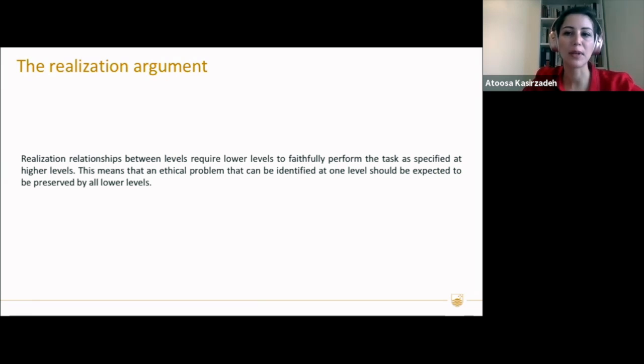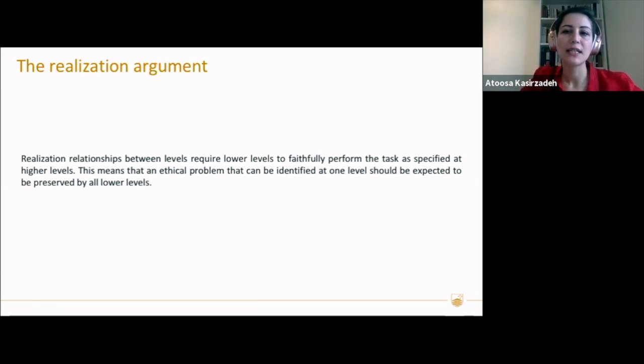Then the lower level must just have the same effects at the higher level, just in a more specific manner. So lower levels must do everything that higher levels do and more besides, right? Because they're going to make it more specific, more operationalizable, from different perspectives of analysis. And so by induction, the problem will persist from the high level to the lower level.